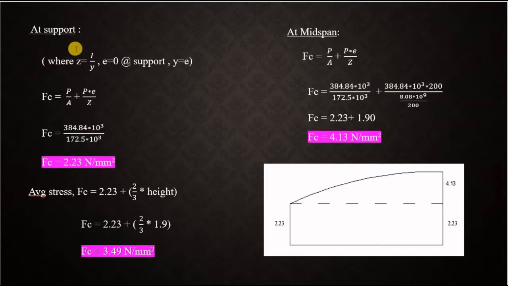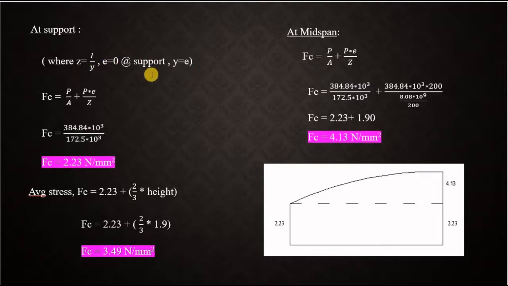To calculate Fc, I have selected 2 positions, at the support and at the mid span. First I will start with the support. Always remember, while calculating Fc, Z is equal to I by Y, where Y is equal to E, that is eccentricity.